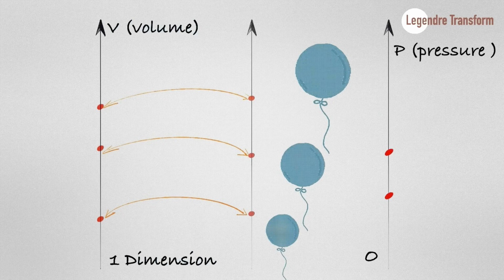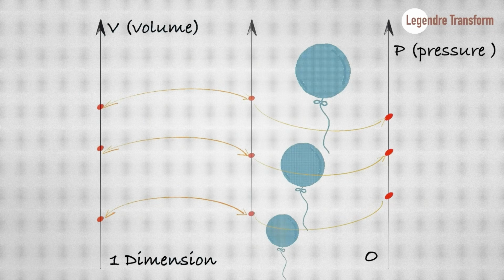And each pressure can also be related to a balloon by associating the number pressure with how much pressure each balloon has. And so basically what's happening is that we have an abstract space of balloons, all the possible states of a balloon. And now we see that each balloon, assuming that bigger balloons have a bigger pressure and smaller balloons have less pressure, we can see that each balloon is associated also with a single pressure, like this.